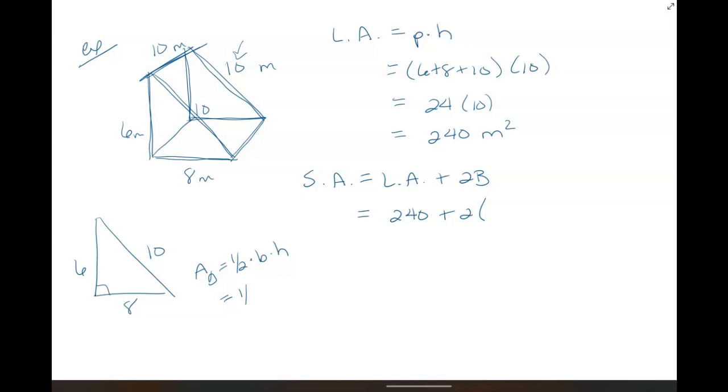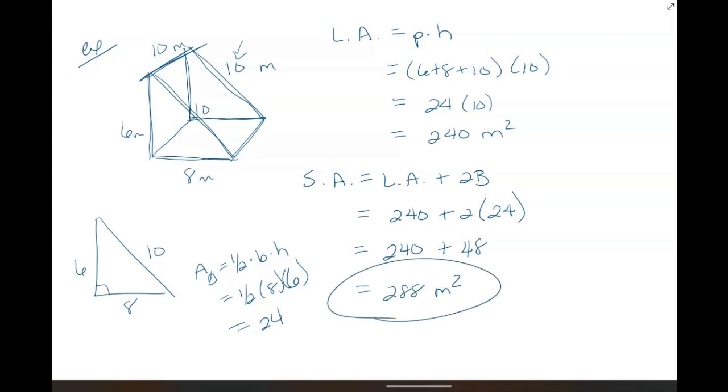So in this case, it's 1/2 times 8 times 6, which is 24. I'm going to plug that in, that's the area of the base of my prism, and keep solving. So 240 plus 48 gives me 288 meters squared.